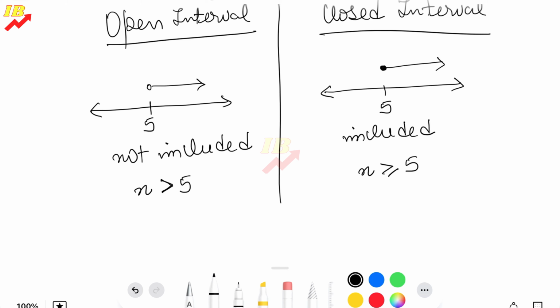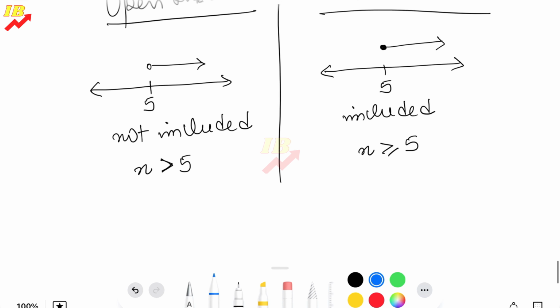So whenever we write an inequality sign, that also means something: whether we are counting that point or not. So both things are different. We also call this type of circle an open circle or a hollow circle. This is called a filled in circle.